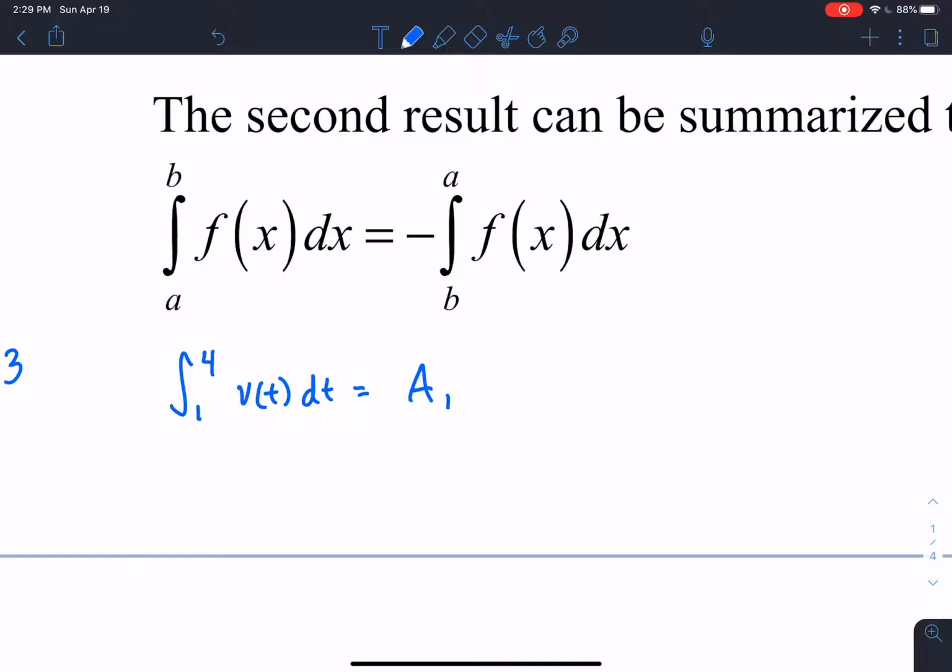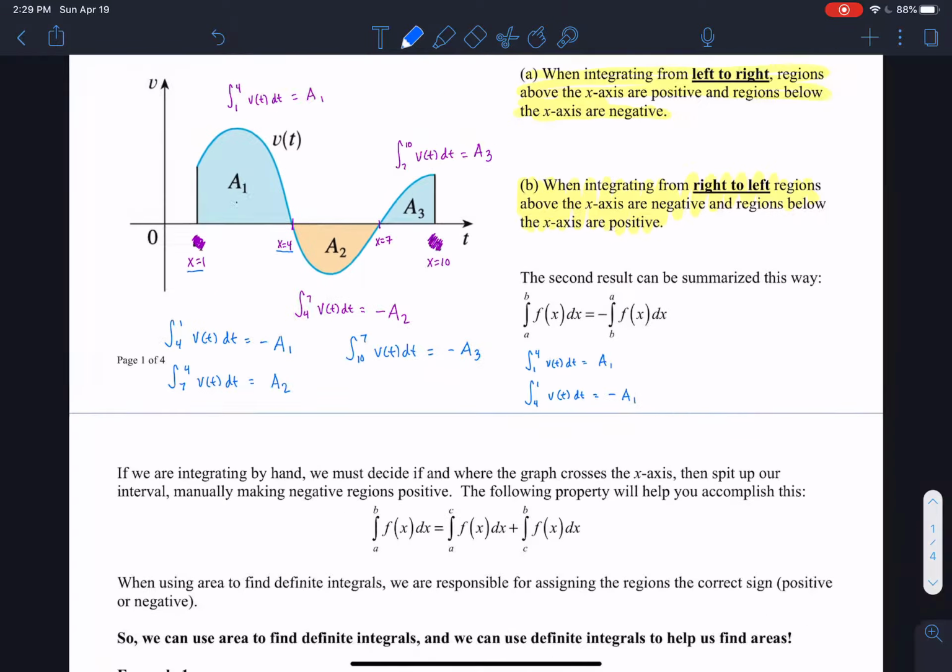If I just went from 4 to 1, my answer becomes the opposite, so negative A1. Again, we're just paying attention to the direction and whether it's above or below the axis.